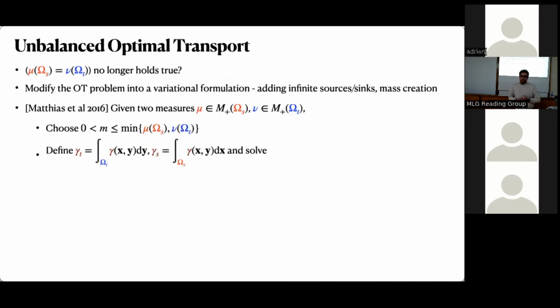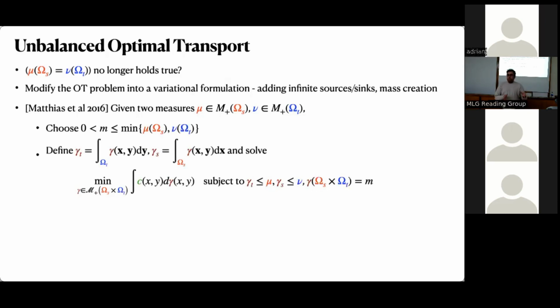And then again, you define gamma as the optimal coupling that satisfies the two marginal integrals of gamma. So gamma t is the marginal with respect to the target space, and gamma s is the marginal with respect to the source space. And then you solve the optimal transport problem. But now the constraints are no longer that the marginals need to be exact.